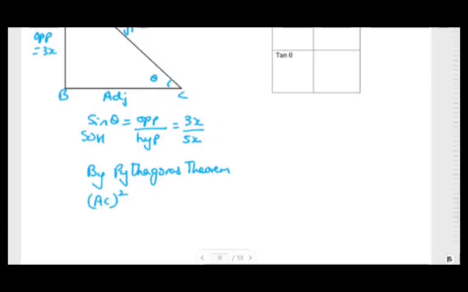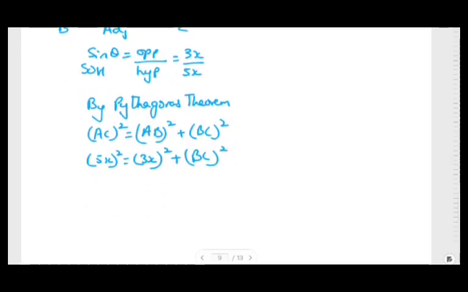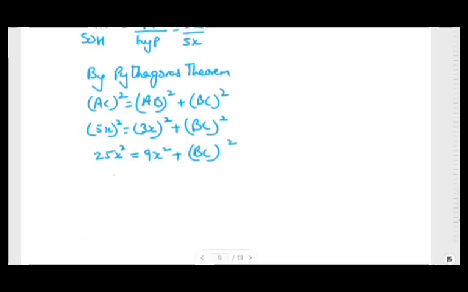AC the whole square is equal to AB the whole square plus BC the whole square. AC given as 5x the whole square, AB given as 3x the whole square plus BC. 25x square is equal to 9x square plus BC square. 25x square minus 9x square is equal to BC the whole square.